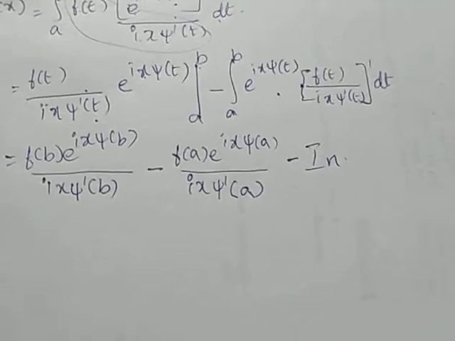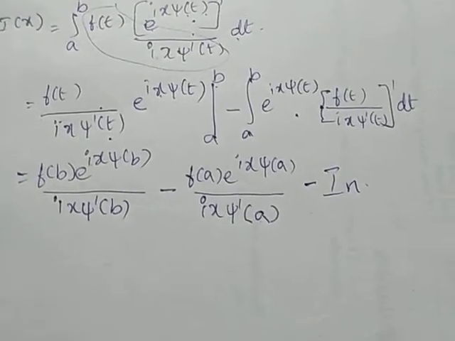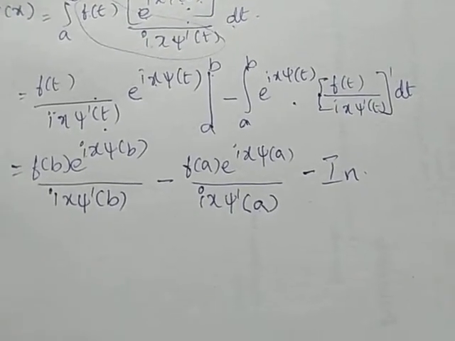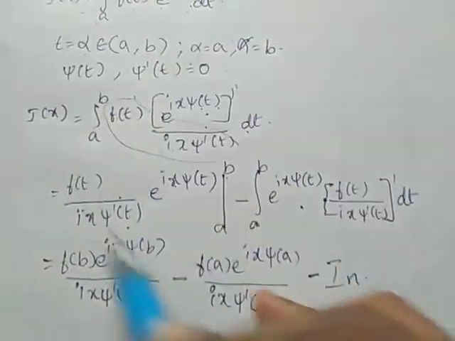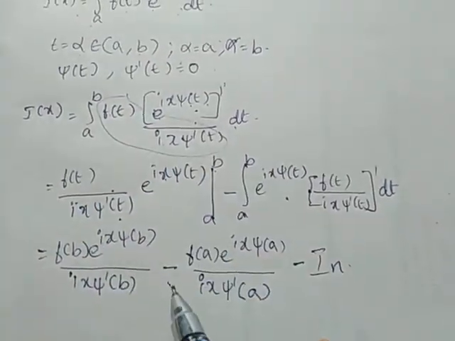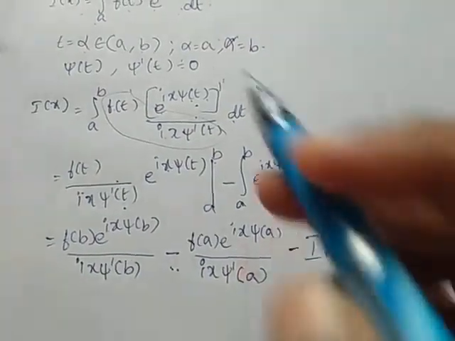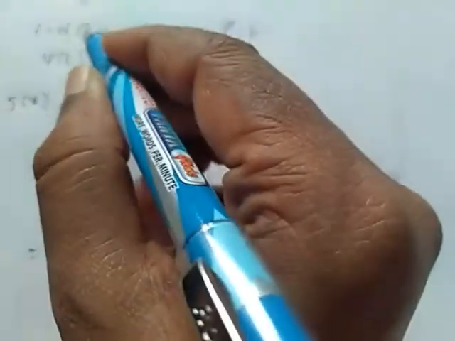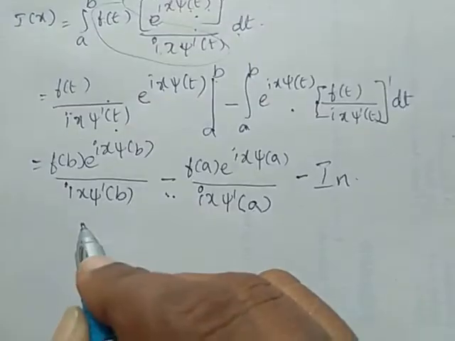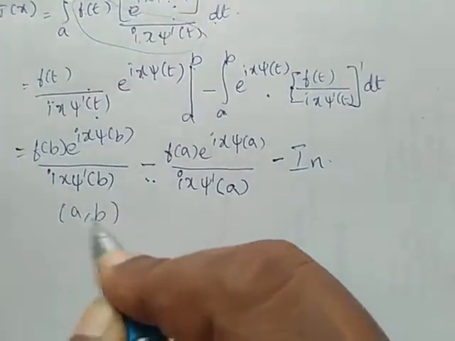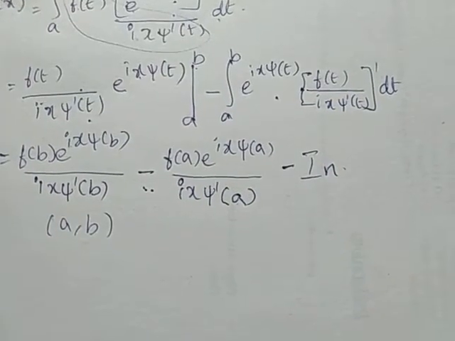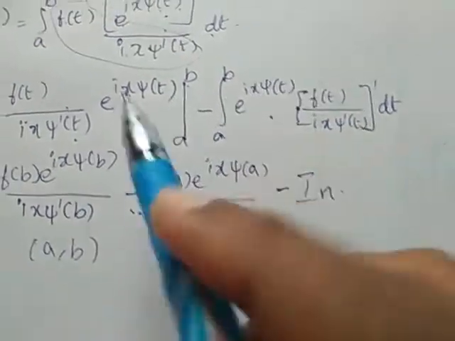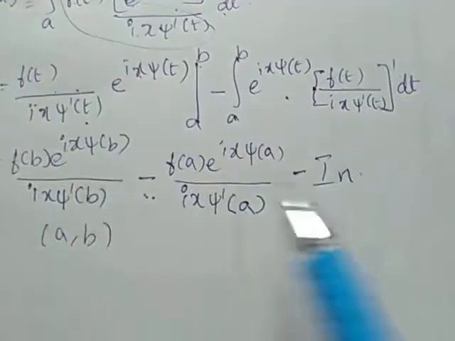In the second case, t equal to alpha. We apply this integration by parts when we do not have stationary points in a comma b. If it does not contain a stationary point in the open interval a comma b, we go for integration by parts.